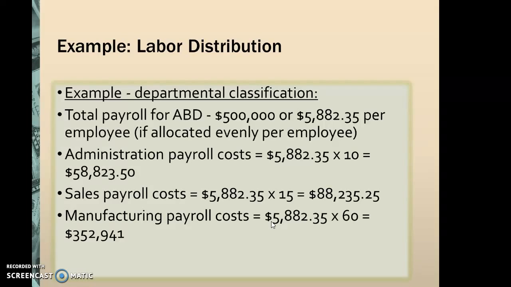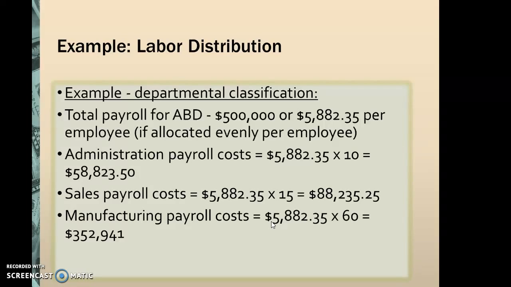Sales, you would use the same amount, multiplied by the number of employees in the sales department, they would have payroll allocation of $88,235. And manufacturing has 60 employees, which is the bulk of the payroll, in the amount of $352,941. Now, allocating the costs according to the number of employees yields a more accurate amount than the equal distribution of labor costs across the 3 departments.